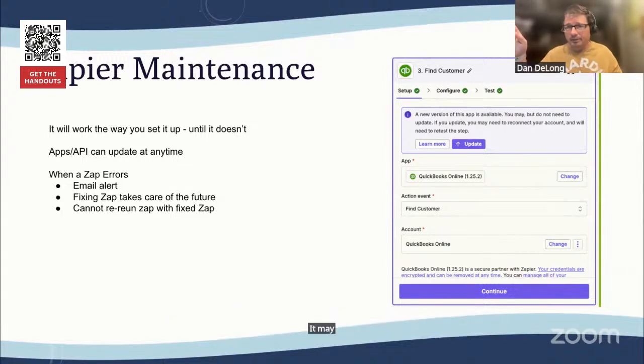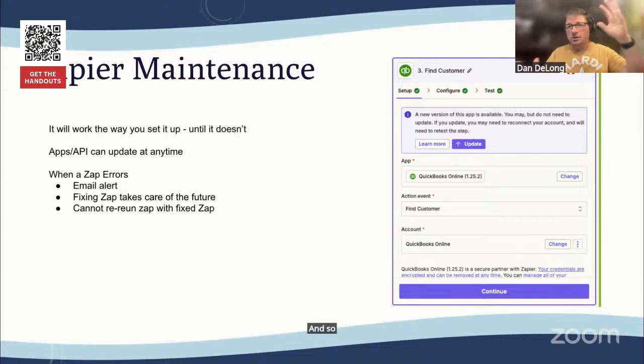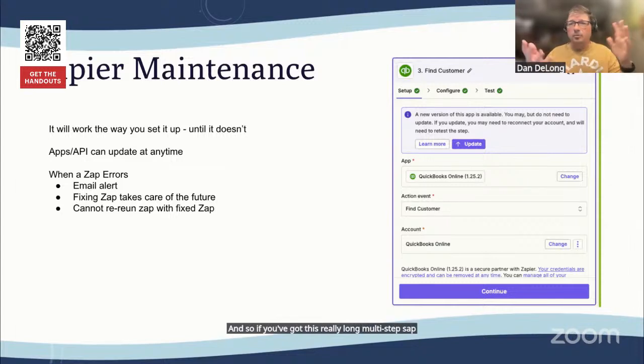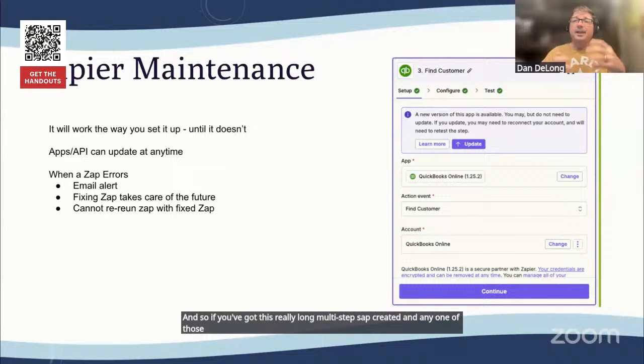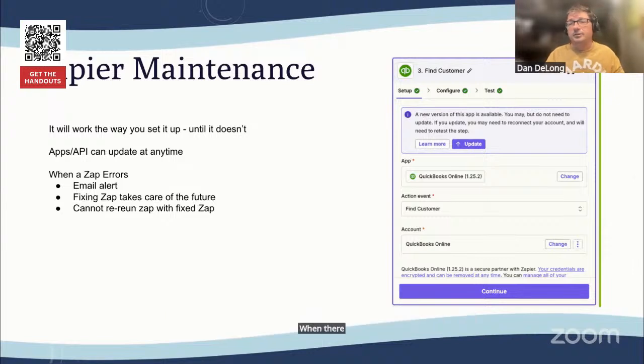An update to QuickBooks may hinder the Zap's ability to do something. And so if you've got this really long multi-step Zap created and any one of those gets updated, that could potentially cause a challenge in that Zap running error free. When there is an error, you'll get an email alert saying, "Hey, we can't run this."